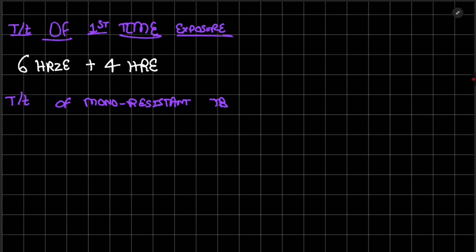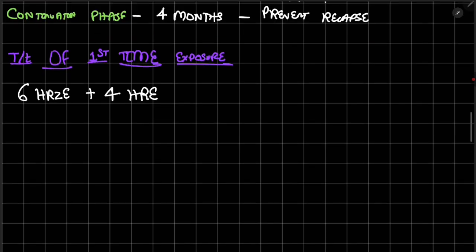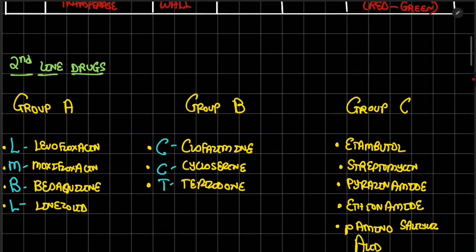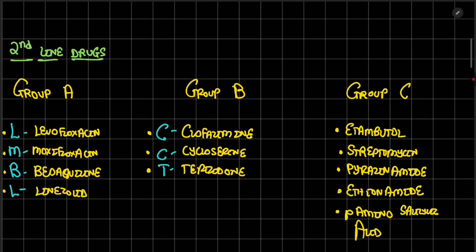Now before starting with the treatment of monoresistance TB, one very small thing to do our work at an easier pace. We should write the short form of these drugs, for our better understanding and to save time writing the regimen. Levofloxacin is written as LFX, capital L and small fx. Moxifloxacin is MFX.